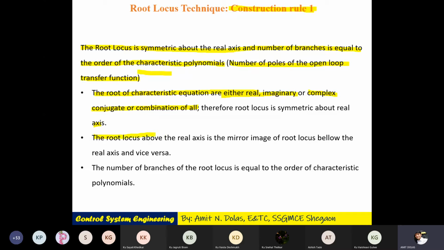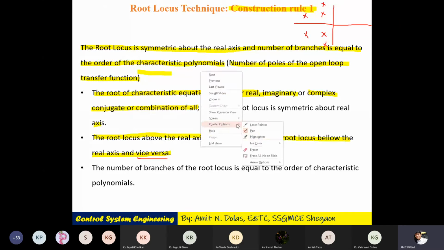The root locus above the real axis is the mirror image of the root locus below the real axis and vice versa. That we have already seen in an earlier example. If I have an S-plane like this, if I have a complex conjugate pole here, there will be a mirror here. If I have one here, then there will be a mirror here. If I have one here, it will be mirrored somewhere here. So this is the statement.